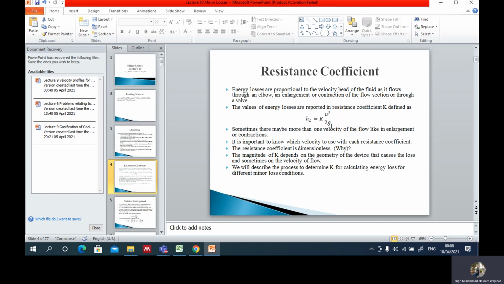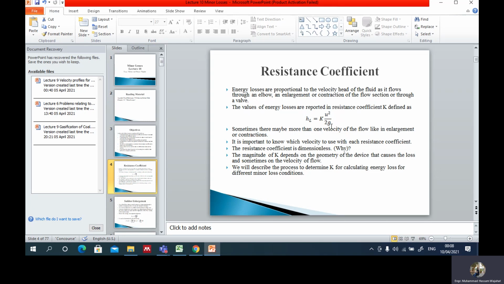So the first thing that we've resolved is that K has no units, but K will have some magnitude. That means it will have some numerical value. The magnitude of K will depend upon the geometry of the device.